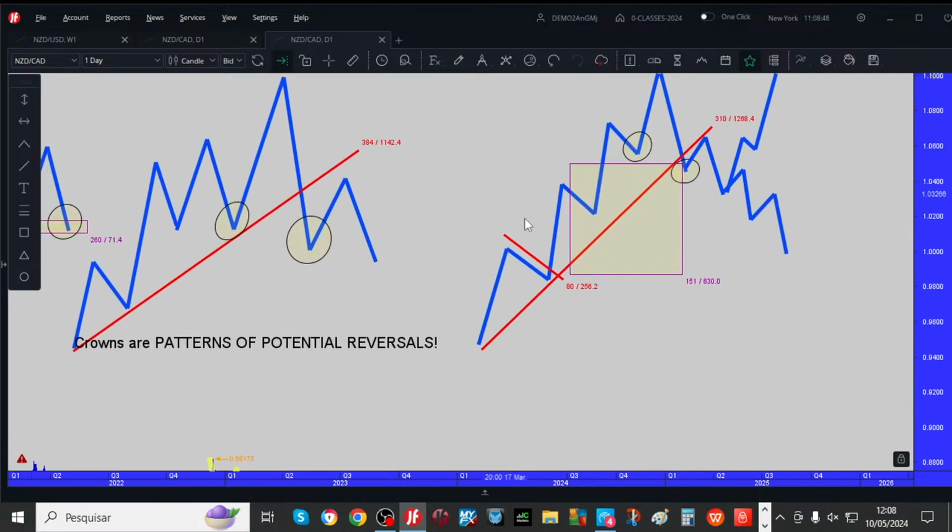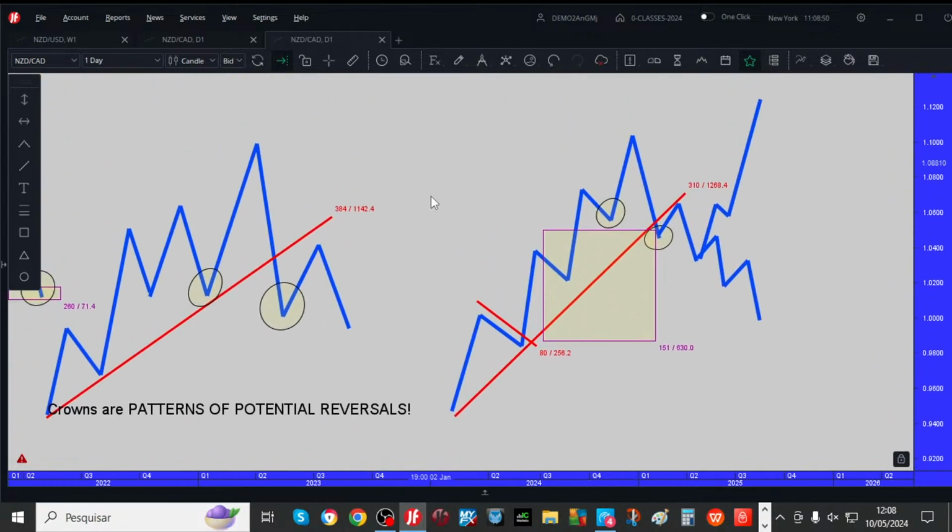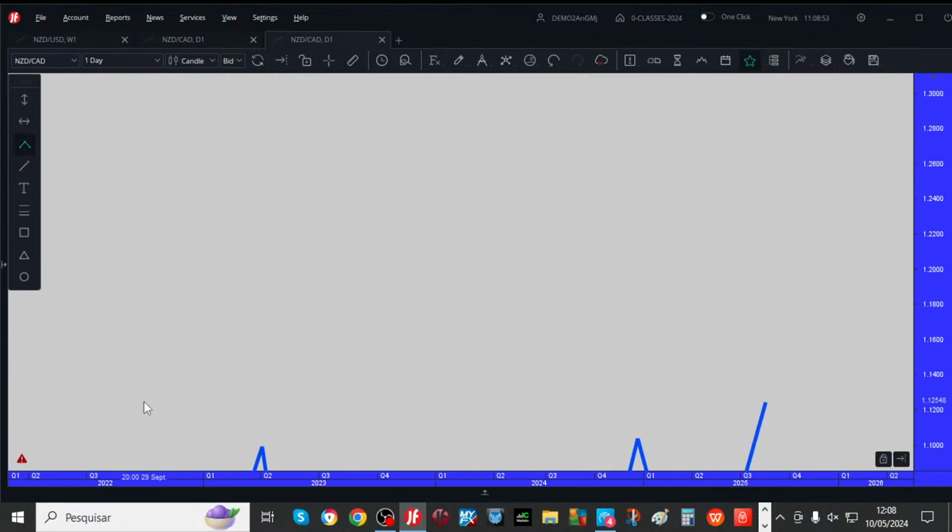But crowns are especially beneficial and important on the market wave.